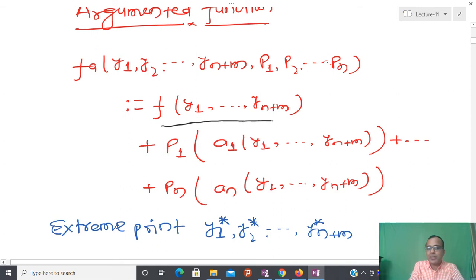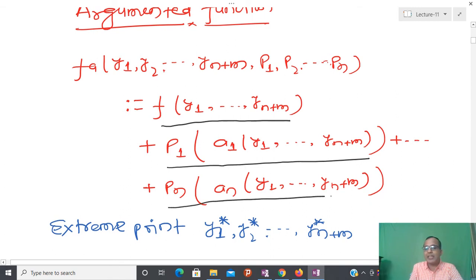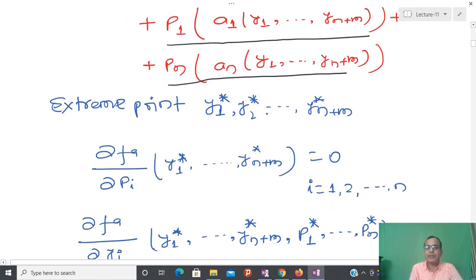This is my original function, and after that with the help of the constraints we scale each constraint by p1, and similarly for the others. And if y1 star, y2 star, up to y(n+m) star is the extreme point, then the necessary condition is now pretty easy to find.